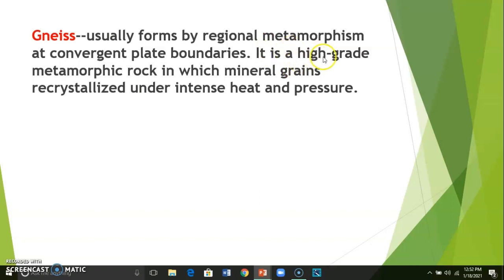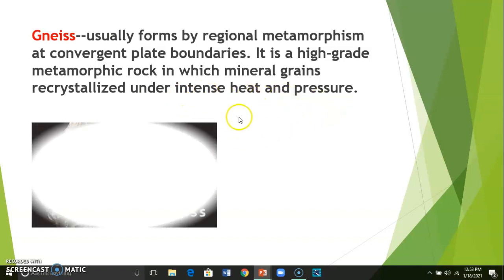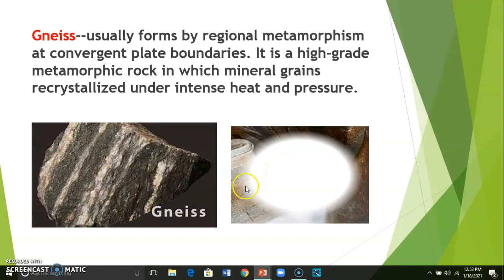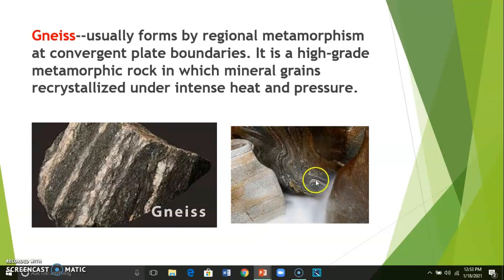It is a high-grade metamorphic rock in which mineral grains recrystallized under intense heat and pressure. Okay, so this is gneiss. Okay, so this is how you pronounce this word: gneiss. It has a silent G.